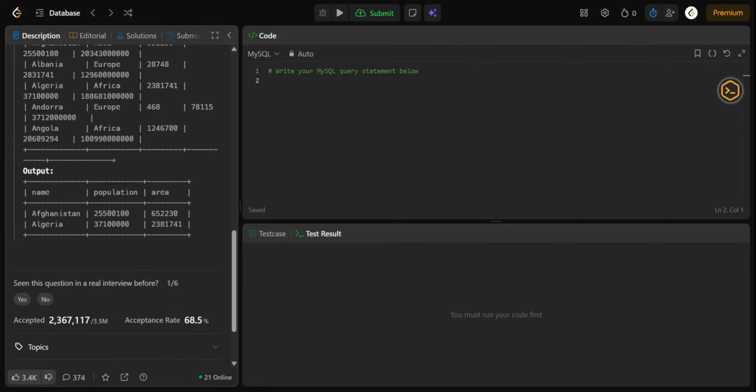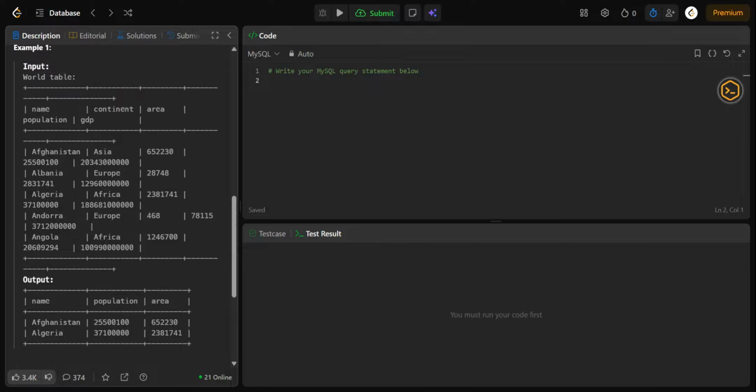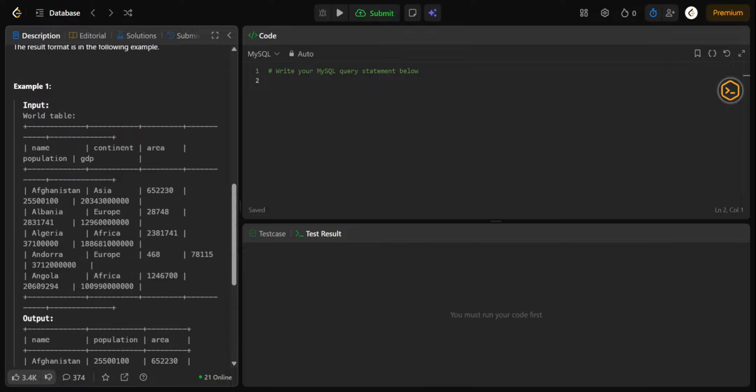So what does the question ask? The question asks for the name, population and area. Let's understand the example we have been given.